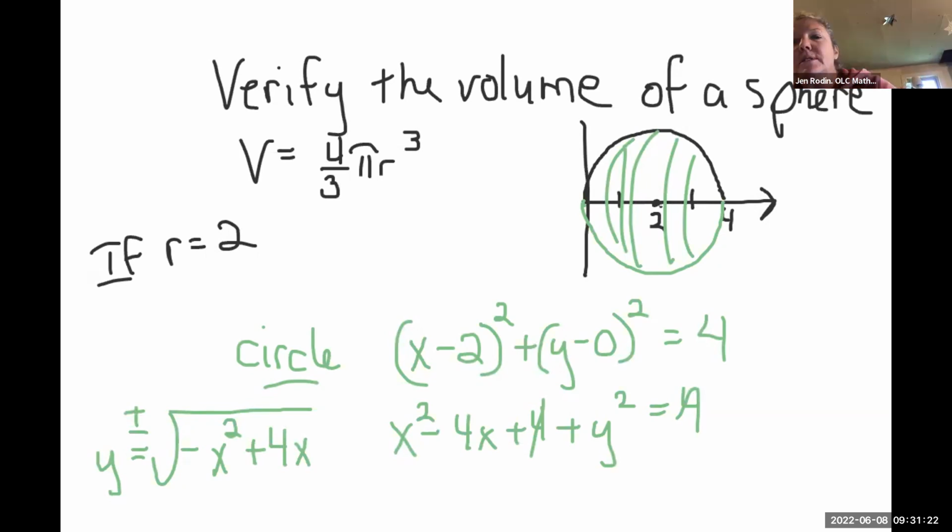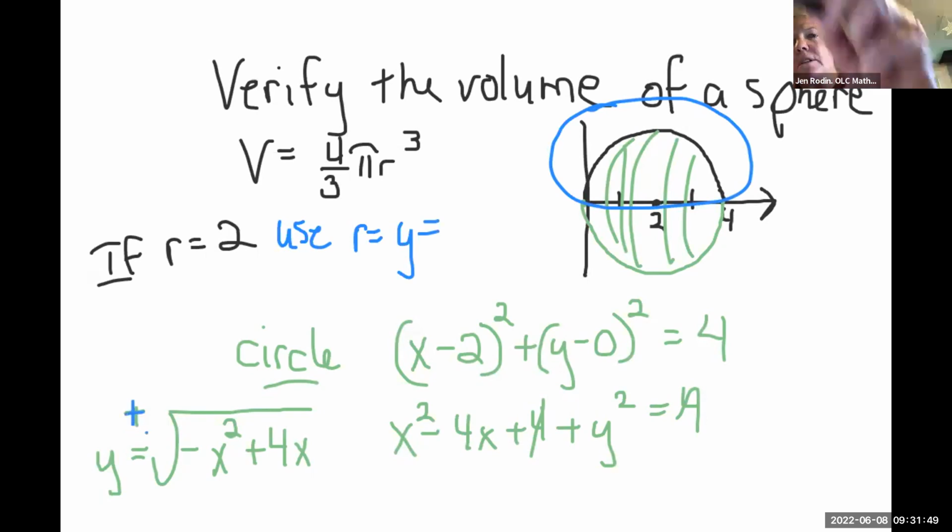I'm just going to set up the integral for this one and then let it slide. If we were just looking at the top half of the circle, we could say that y equals just, instead of plus or minus, the positive one, the square root of negative x squared plus 4x.